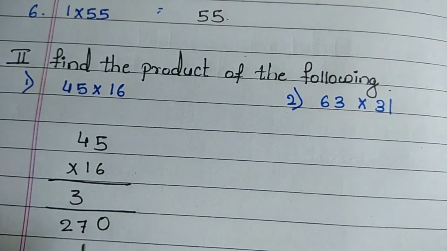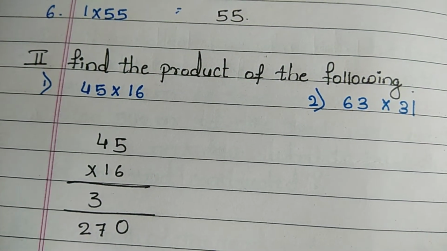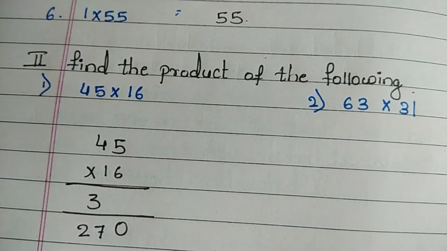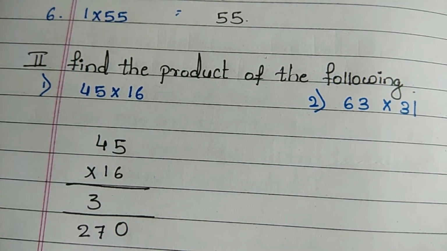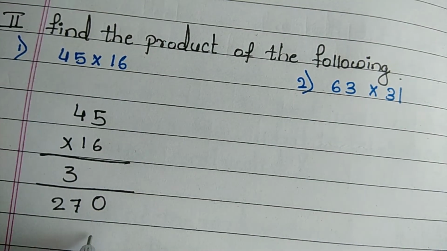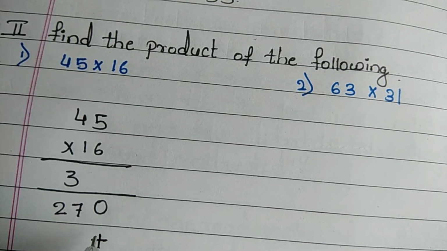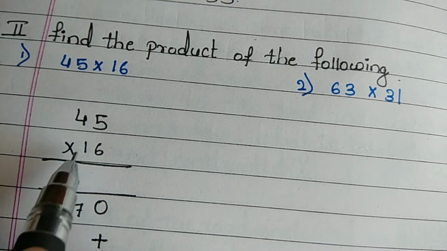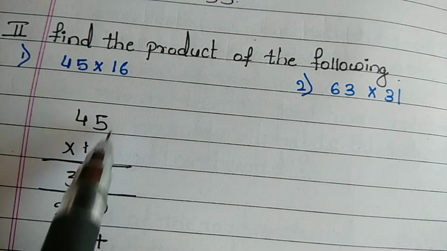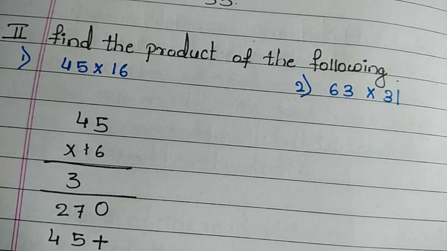Here there are 2 methods: we can keep a plus, or otherwise a 0. Since 0 may be confusing for you, that's why I'm keeping a plus here. Then 1 5s are 5, 1 4s are 4.